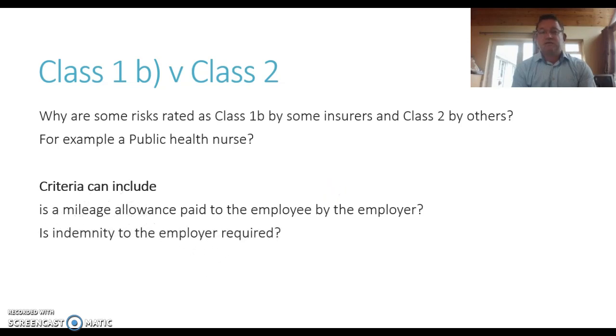Is indemnity to the employer required? Obviously, how often the business use is going to be used, so maybe an idea of the mileage involved. And finally, the extent of the business mileage in relation to this use. That will help an insurer decide whether they're going to rate it as Class 1B or Class 2.